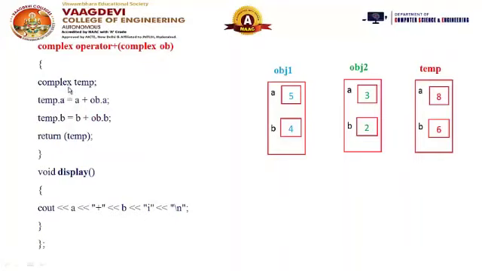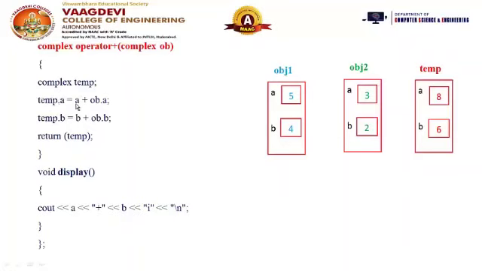Inside the function, at this statement, it creates a temp object of the complex class. The data type for the temp object is complex type. Then the return type of this operator function should be complex. And in the next statement, the implicit object A value and the explicit object OB.A are added and the resultant value is assigned to temp.A.